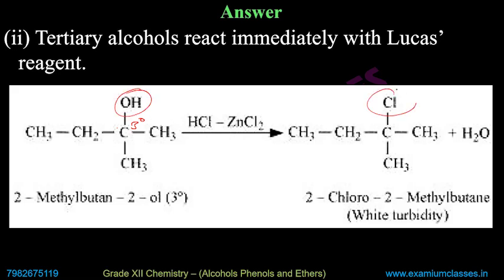This OH will get converted to a halogen group; here, HCl means chlorine. So it will give turbidity very quickly. This is actually a test for different types of alcohols. You will be using this Lucas test to identify or separate 1 degree, 2 degree, 3 degree alcohols.